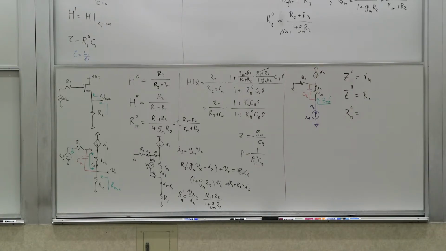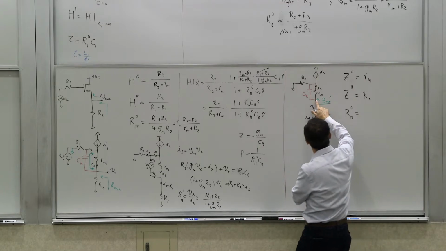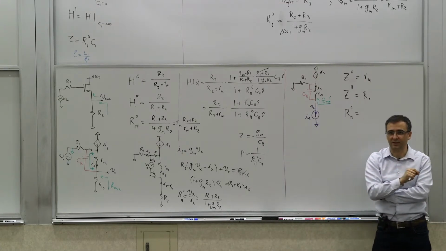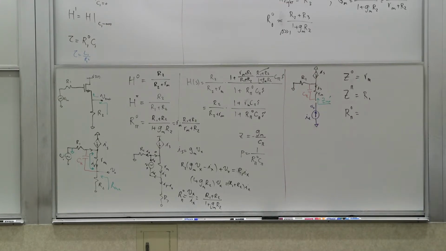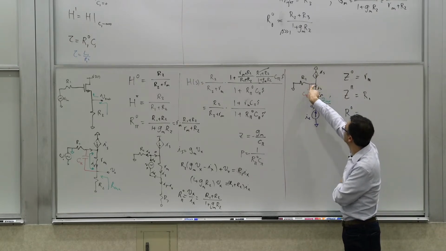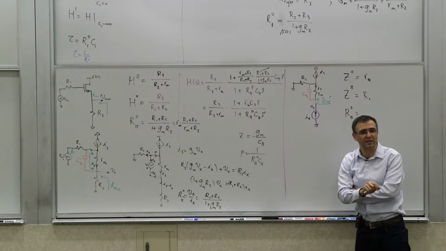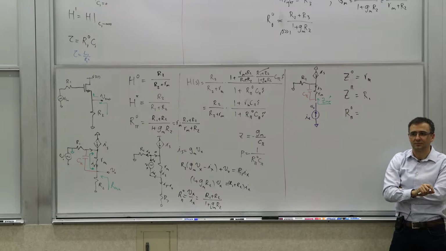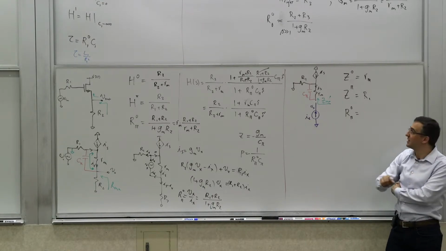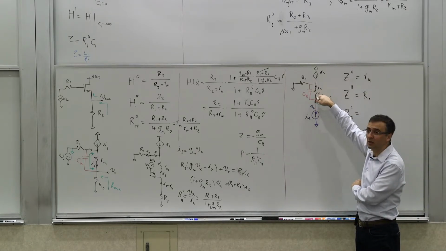So when you null the source, what happens? You're open circuiting it, right? It's not there. So what do you see looking across here? What does C pi see? Just Rm, right? Because there's no other path for the current to flow.